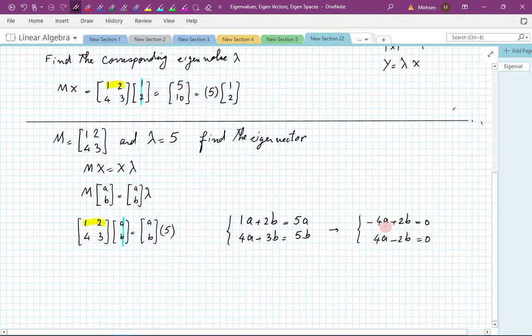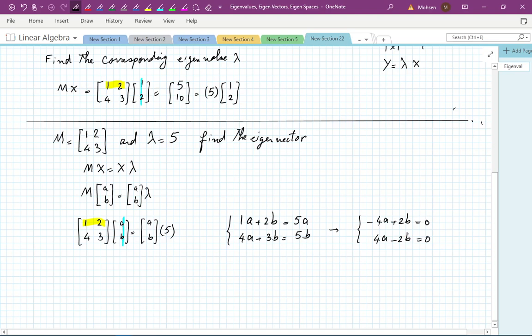Here we have minus 4a plus 2b is equal to 0. If you take that equation and multiply by minus 1, you get this. So the two equations are really the same equation written in two different ways by multiplying by different numbers.